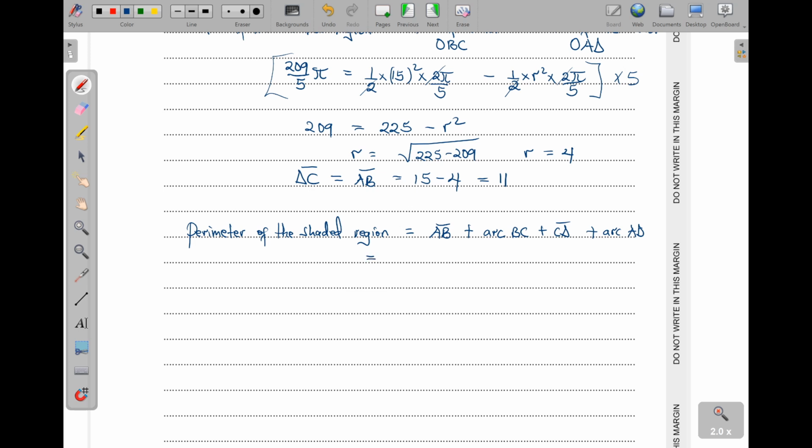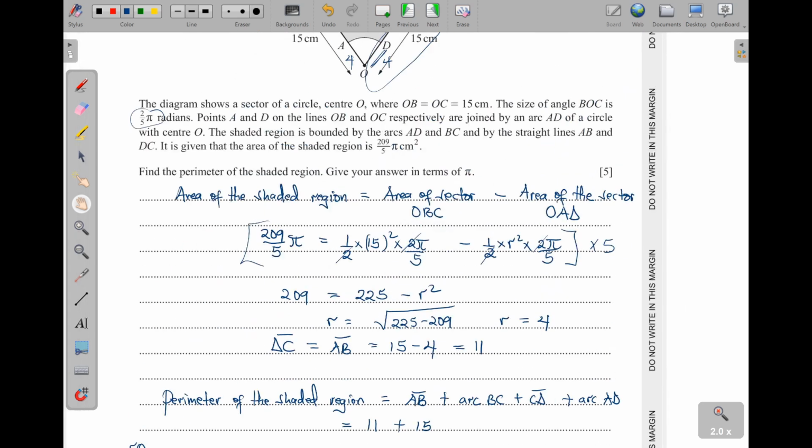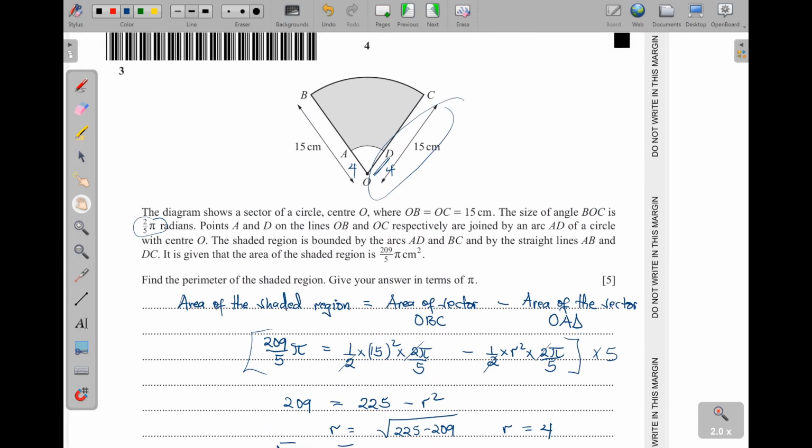Now we are going to have AB as 11, then plus, remember, for the arc length, it is r theta. So the radius is 15. This BC here, we have the radius as 15.